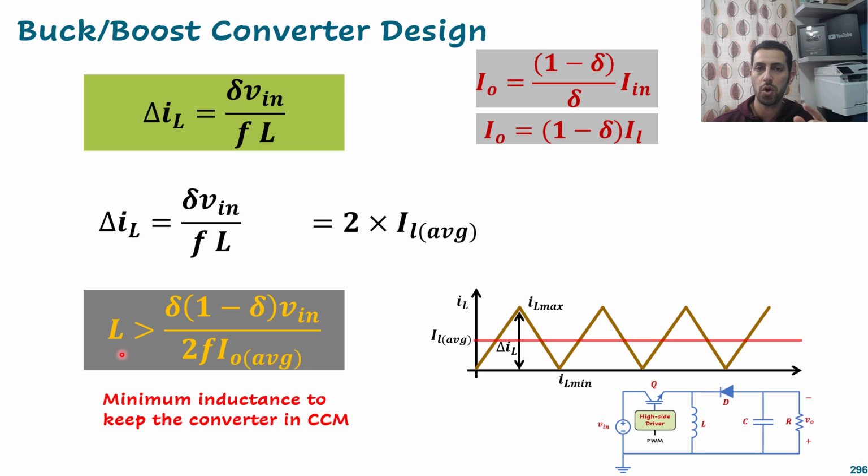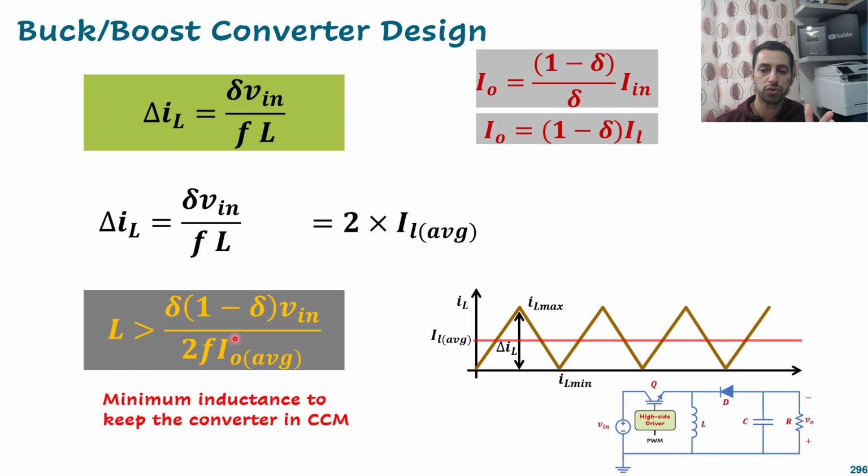But I should know that if my current goes below that, my inductance will not be able to maintain the continuous conduction mode, and it will go to discontinuous conduction mode. So this is now the value of the inductance, and it's similar to the boost converter, by the way.